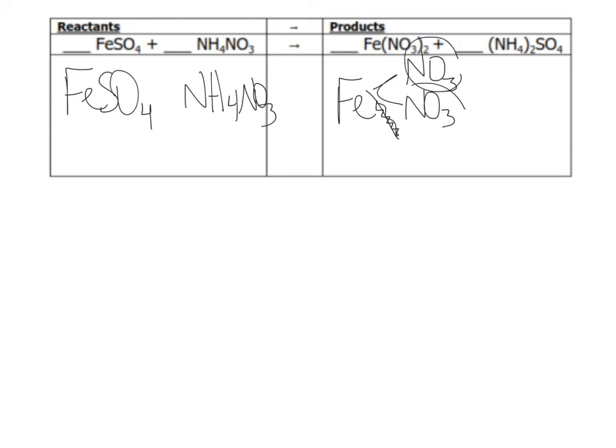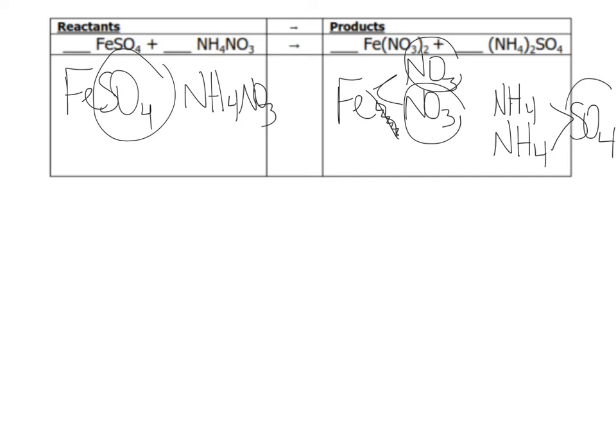We're going to circle our groups of NO3. In this one we have our NH4s, so I'll do the branch the other way. Circle all my groups. I got SO4 on both sides. I have NH4 on both sides and NO3 on both sides.